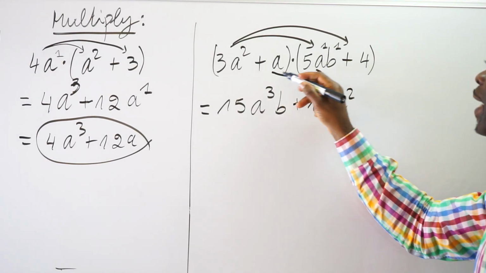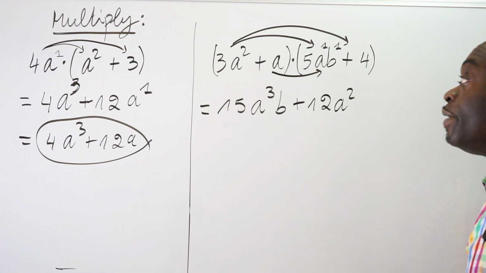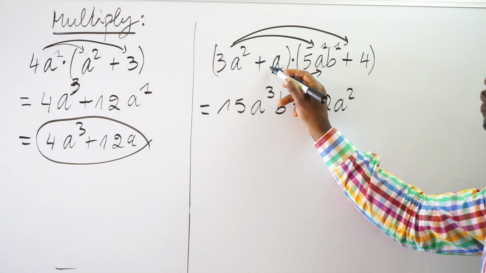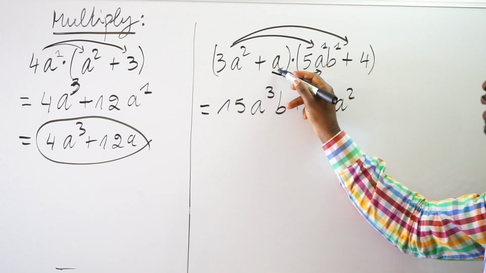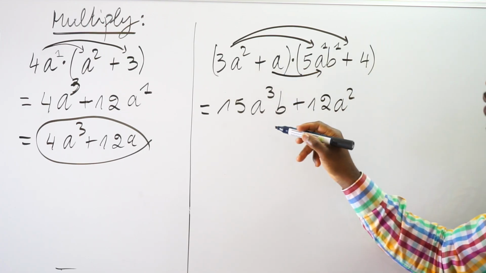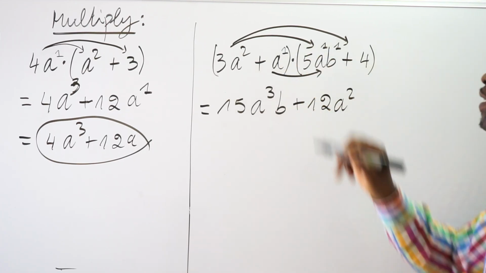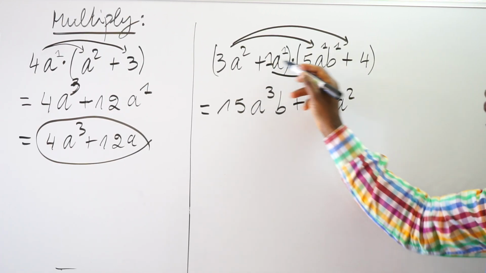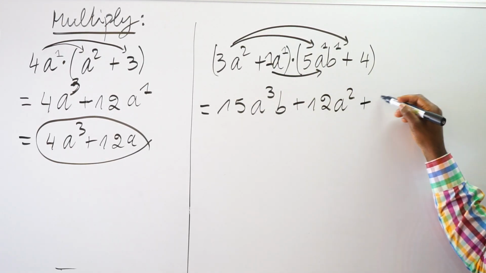Then we go a times 5ab, correct? There's an invisible one in front of a, because that's a coefficient that also doesn't show up, and then this is also another invisible one, so you can put a 1 there. So 1 times 5 is going to give us 5.